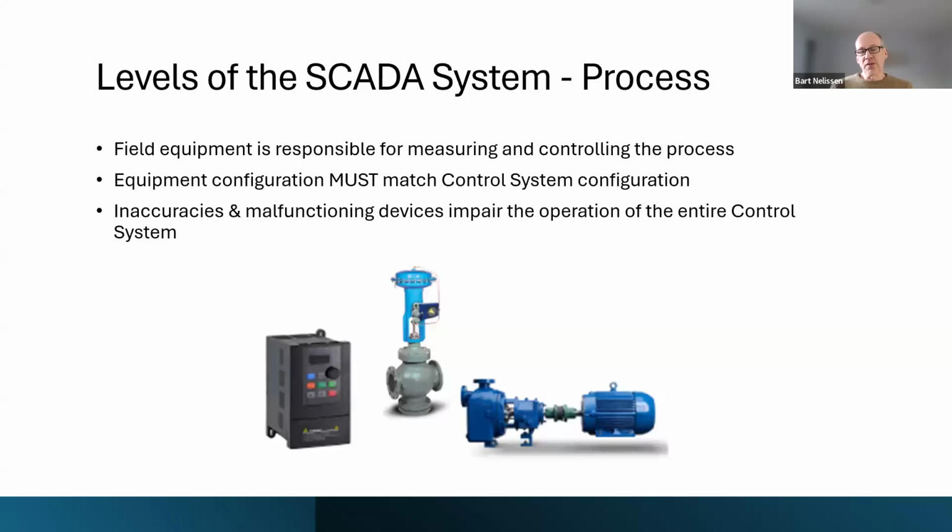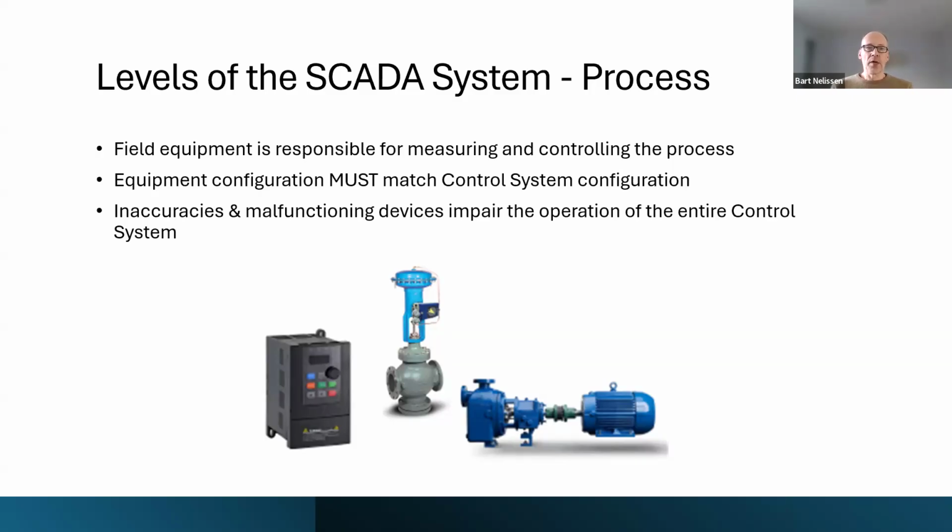As a result, if any instrumentation, device, or measurement sensor at the plant floor gets either replaced or calibrated, it's very important that it goes hand in hand with the configuration of these devices in the other levels of the SCADA system.